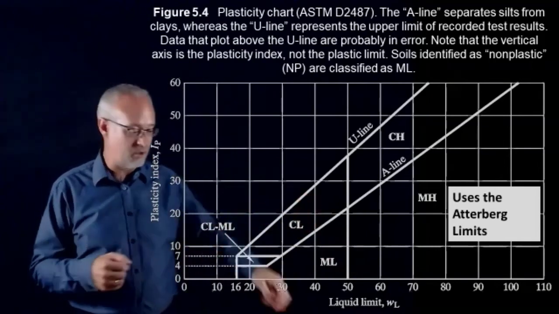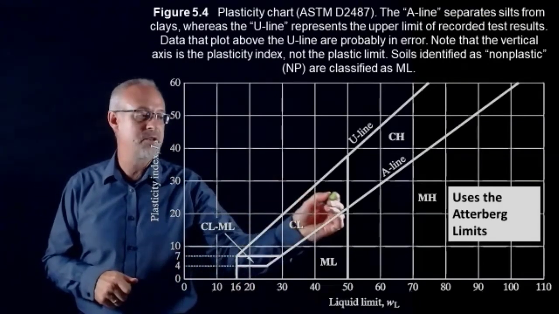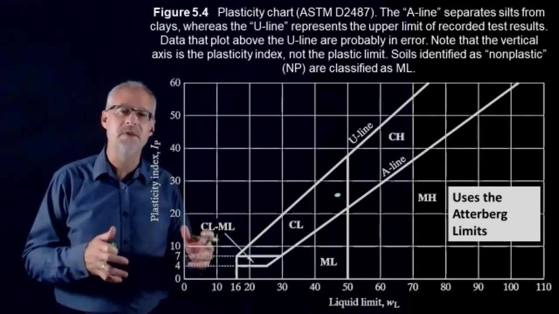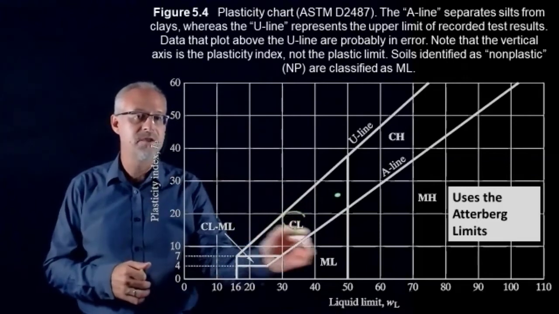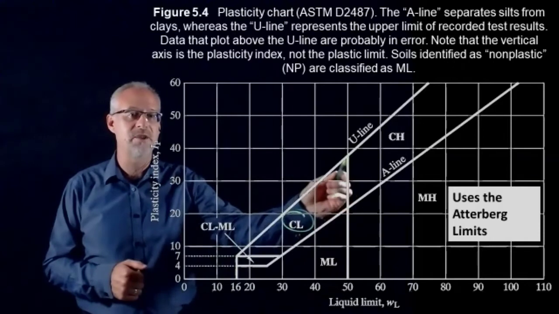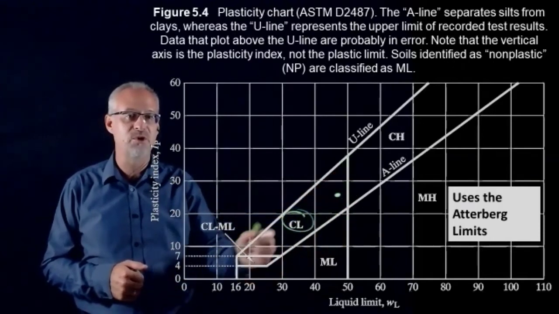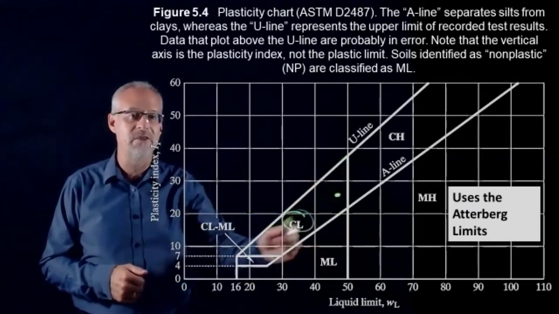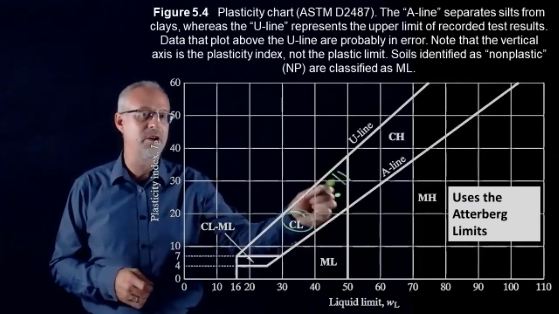Maybe I'll draw it. So let's say the point falls here from your lab data. What that means is this soil is a CL. Because it falls inside, you see where the thick lines are, there's a funny trapezoidal shape, and if your dot falls anywhere in this region, that's going to be a CL.